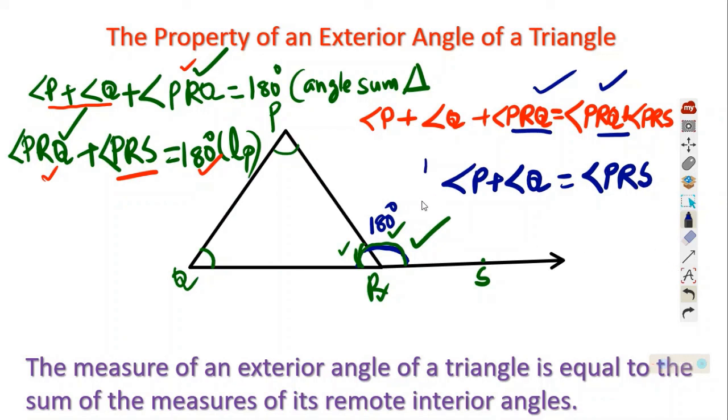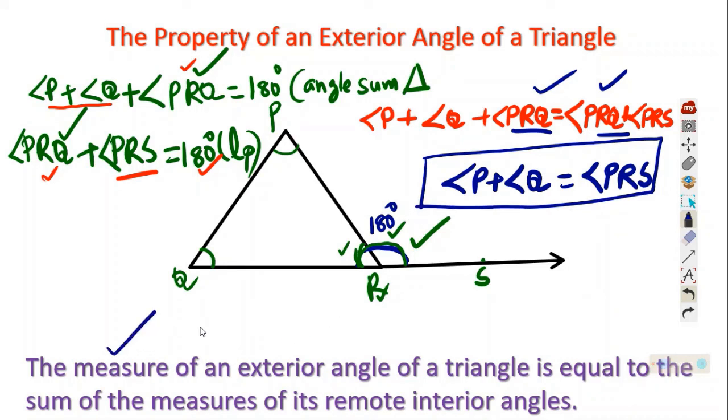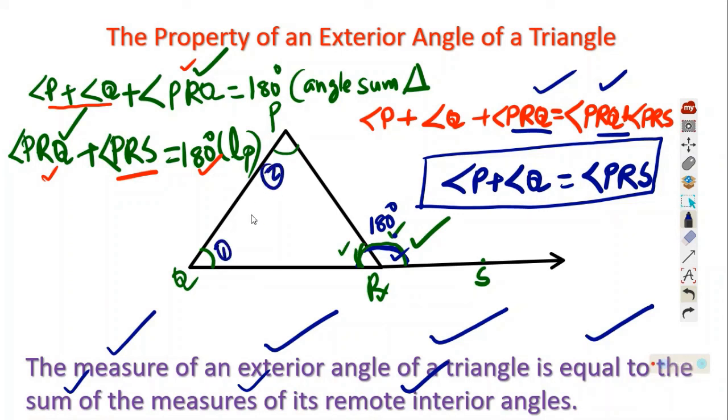My dear students, very important property you learned. What is that? The measure of an exterior angle, this angle, of a triangle is equal to the sum of the measures of the remote interior angles. इसका measurement, ये दोनों angle, if I write 1 and 2, 1 plus 2 का total रहेगा this exterior angle का measurement.